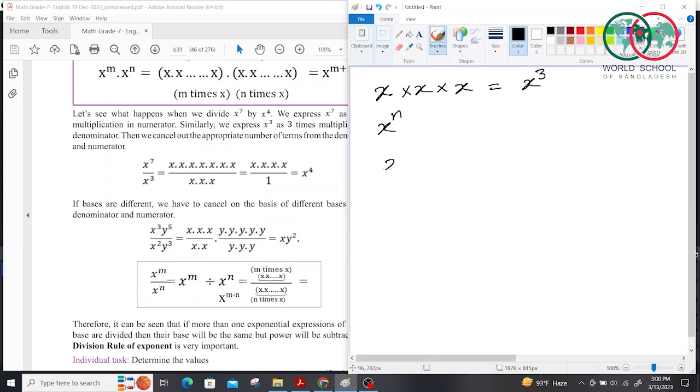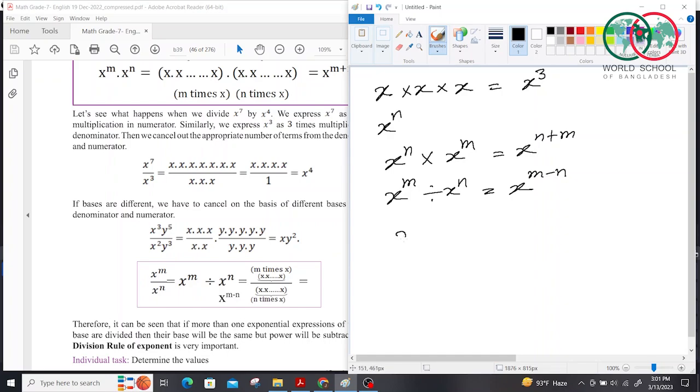So suppose we are given x to the power n multiplied by x to the power m, then we can write x to the power n plus m. And if it is written x to the power m divided by x to the power n, then we can write x to the power m minus n. That means in case of multiplication we add powers, in case of division we subtract the powers.